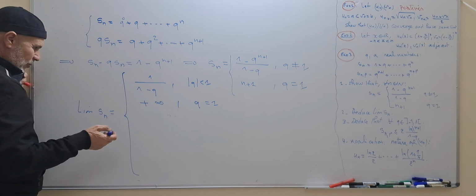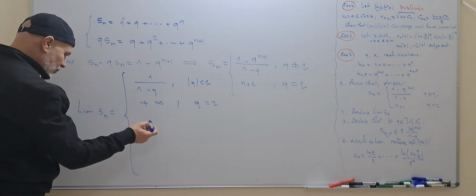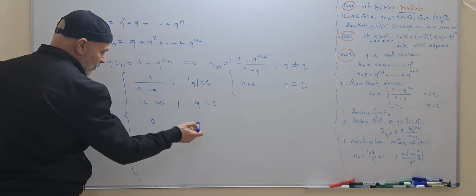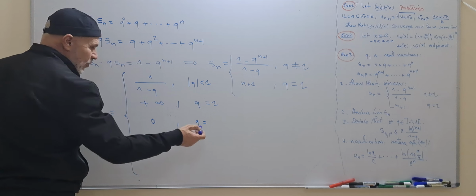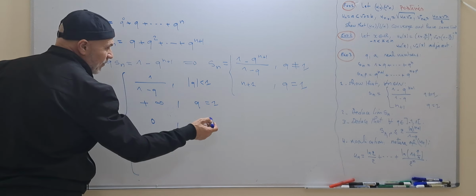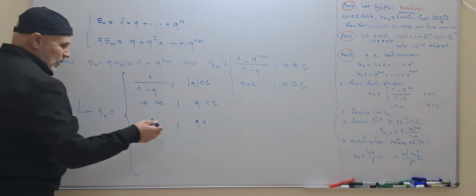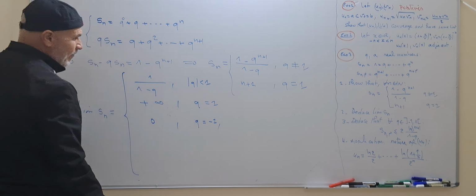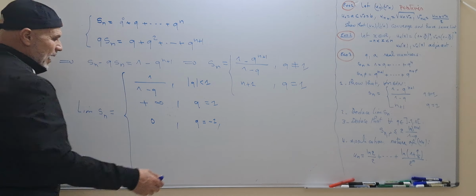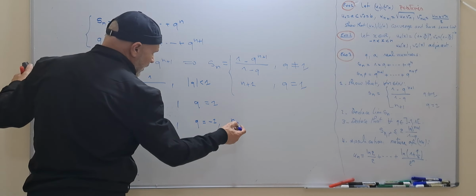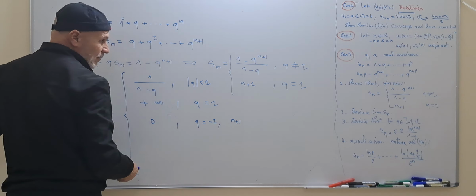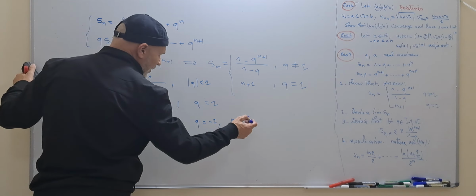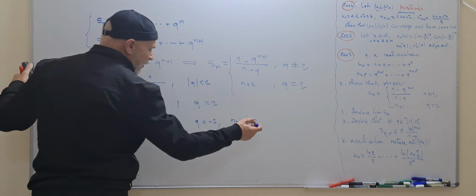It is equal to 0 if q is equal to minus 1, and n + 1 is even.